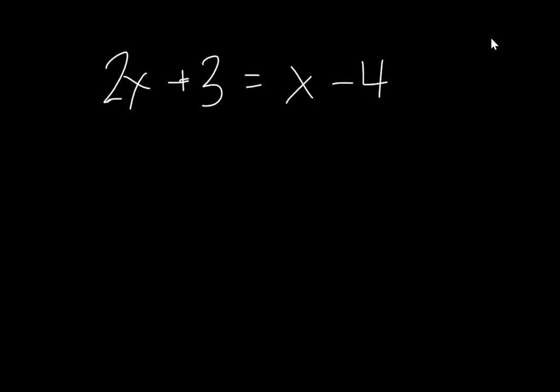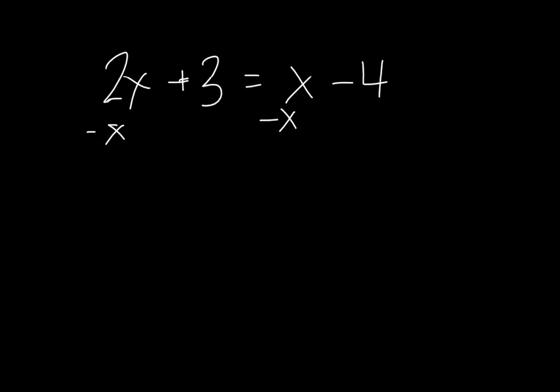What is 2x plus 3 equals x minus 4? Well, we want x equals something, so we want all the x's on one side of the equation. In this case, we want to keep x positive. Subtract both sides by x.